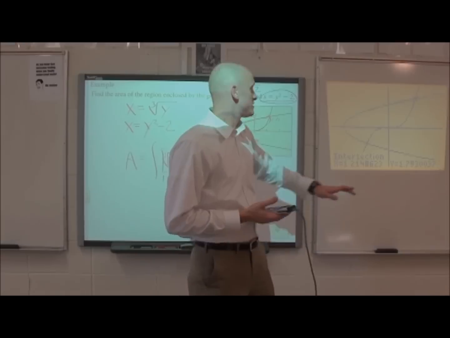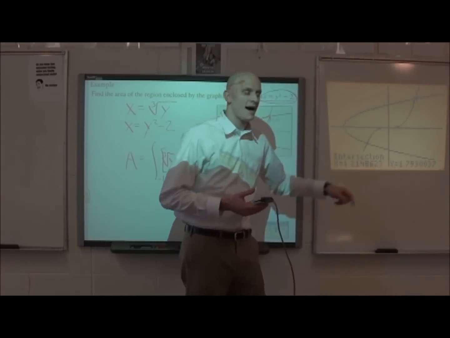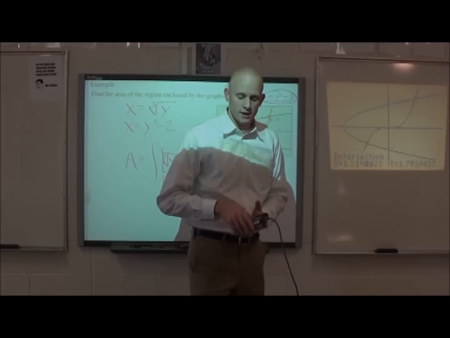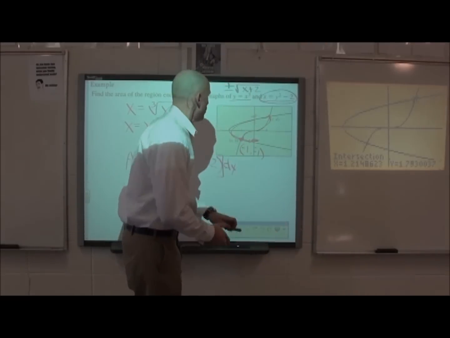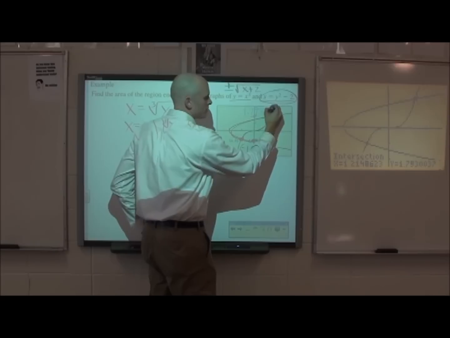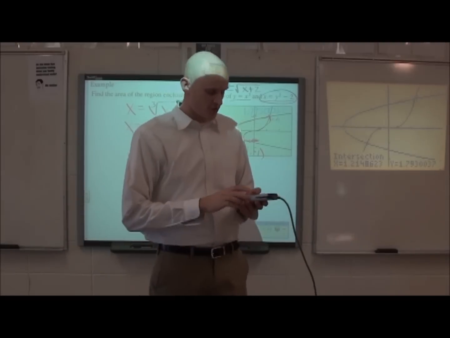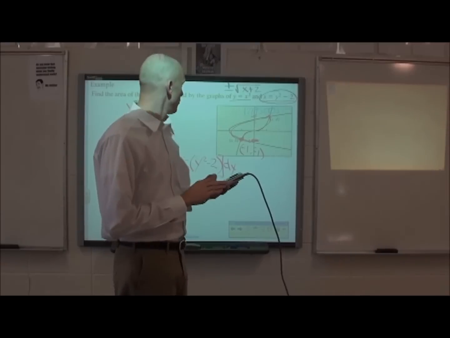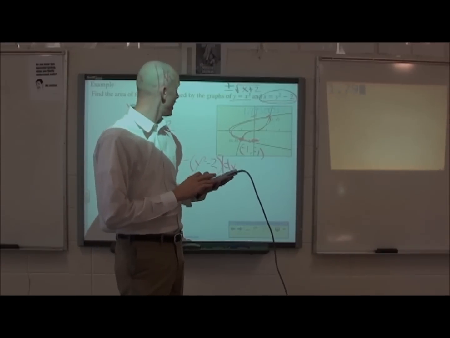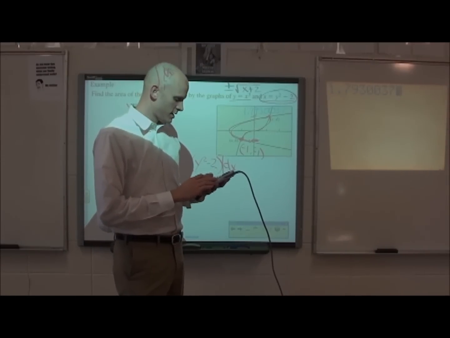So, the easiest way, since it's a y coordinate, is we will write that down and store it. I'm going to go to the home screen and store 1.7930037 in alpha d.